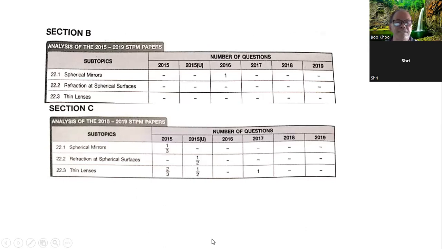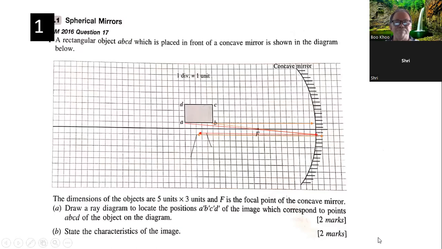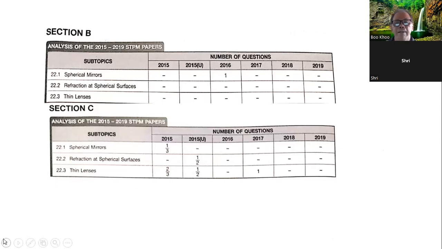Comparing section B and section C, it doesn't look like every year it comes out. 2018 and 2019 didn't come out. So when it comes out, usually they try to cover all the topics. That's how we set exam paper.